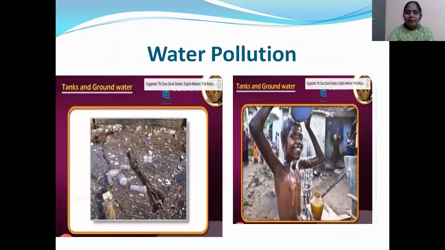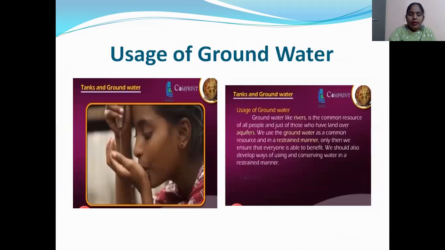Here you can see the drainage and the litter that people have thrown. It decomposes with the soil and gets mixed with the water, so in such cases the water is not safe for bathing, and drinking also.